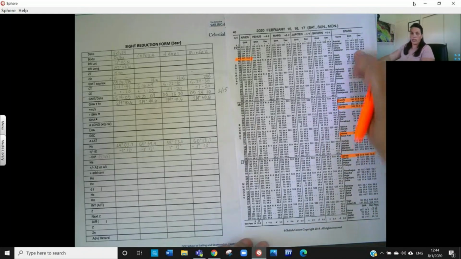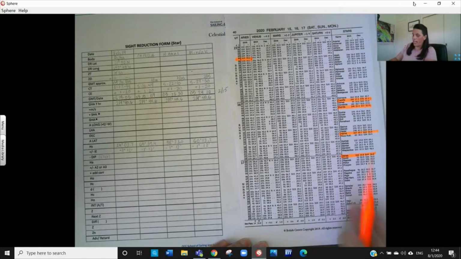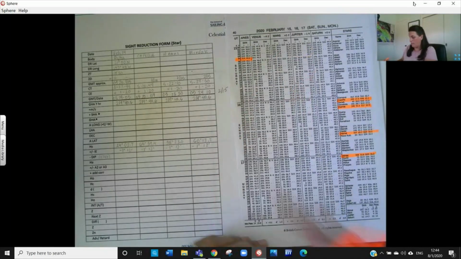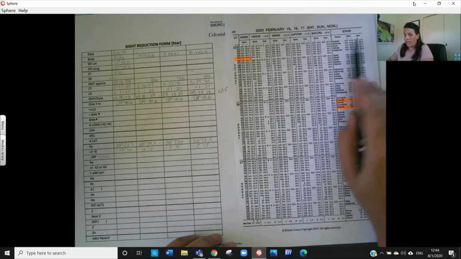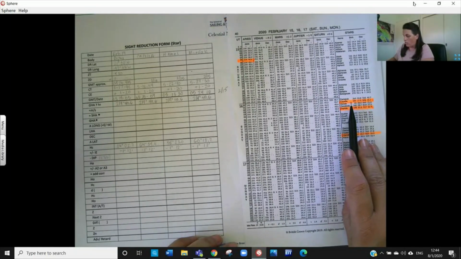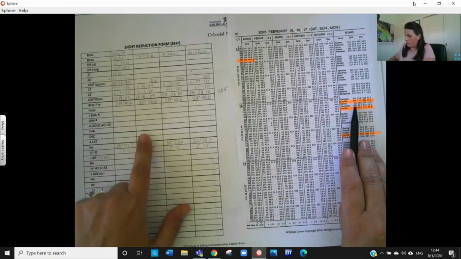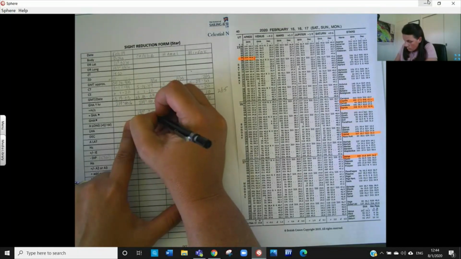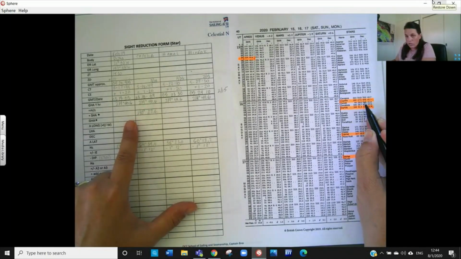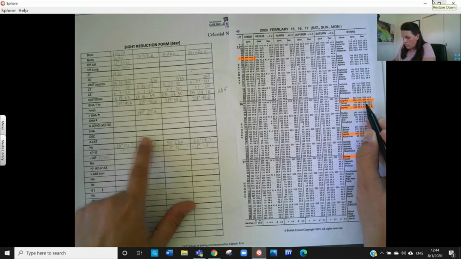For our stars, our SHA and declination are the same for all 3 days, so it doesn't matter which hour we're at on this. We're just going to write in the SHA and the declination for each star. I'll start here with Capella, my SHA, and my declination was north. My declination goes here.